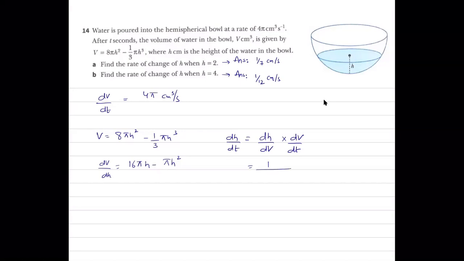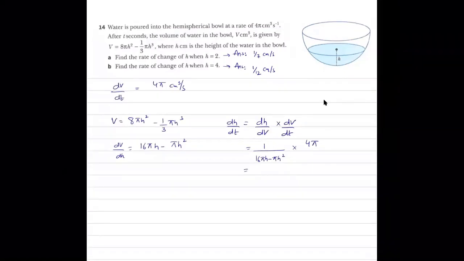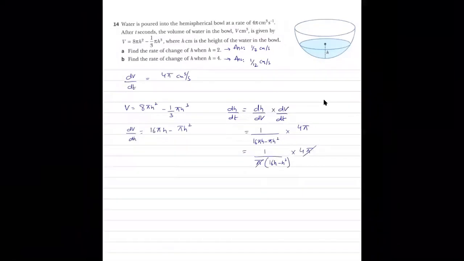So 1 upon 16 pi h minus pi h square times dv by dt, which is a constant value, 4 pi. If you want to simplify this further, you can take pi common, and you're going to get 16h minus h square times 4 pi. Pi can be cancelled out. So 4 upon 16h minus h square. That's the expression for dh by dt.